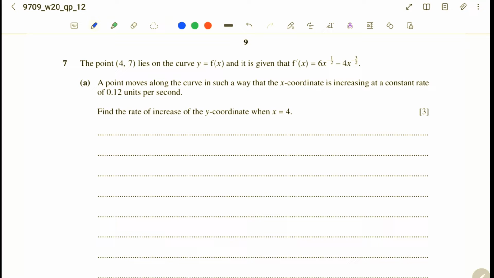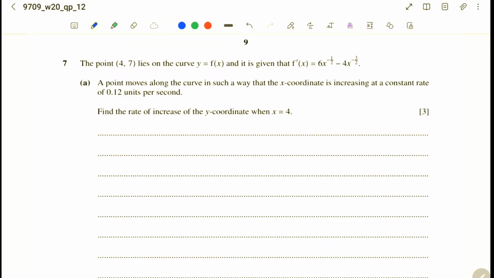Next, question number 7. The point (4, 7) lies on the curve y equals f of x, and it is given that f dash of x equals 6x to the power minus 1 over 2 minus 4x to the power minus 3 over 2. A point moves along the curve in such a way that the x coordinate is increasing at a constant rate of 0.12 units per second. Find the rate of increase of the y coordinate when x equals 4.